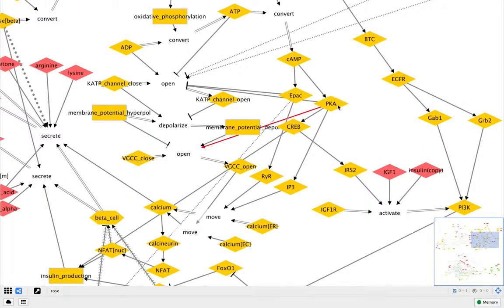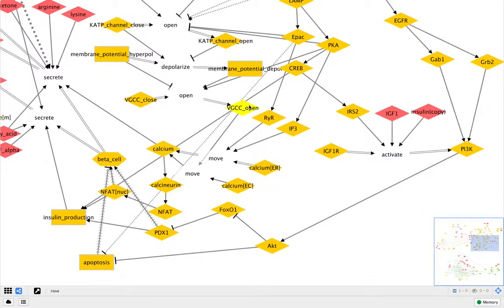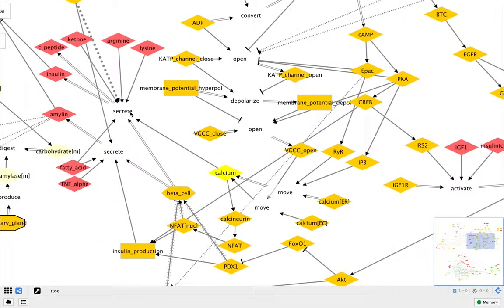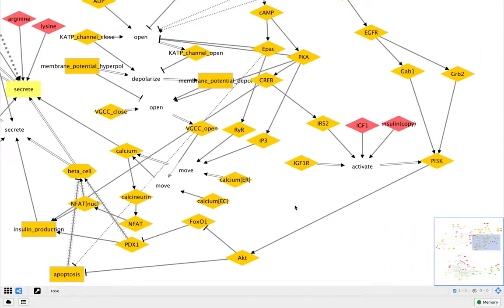This link. So PKA activates the opening of the voltage-gated calcium channel. This causes the movement of extracellular calcium to the cytosol. So this further increases the secretion of insulin from the beta cell.